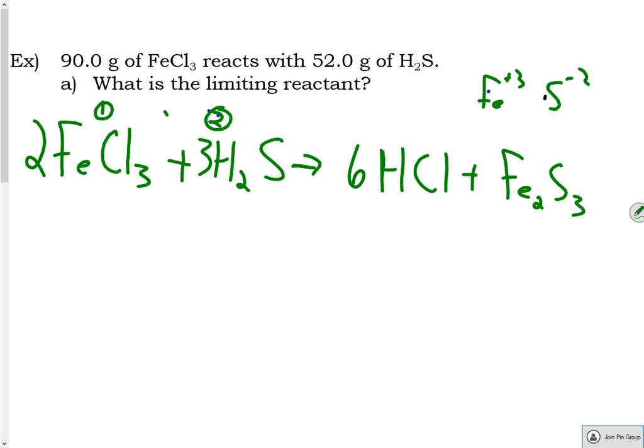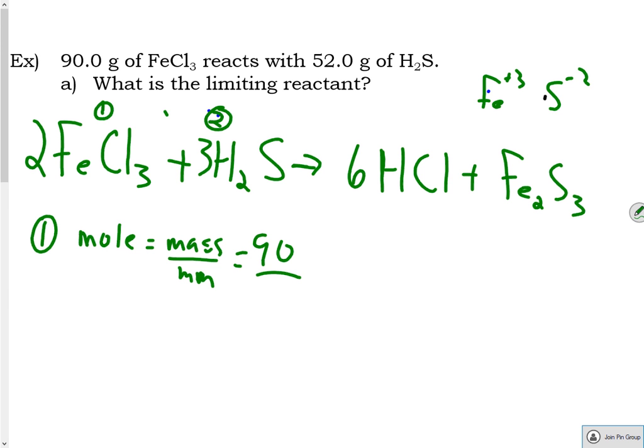Remember, you got to find the moles for each. So I know for number 1, moles equals mass over molar mass. So mass is 90. Your molar mass you get from the periodic table, right? So you figure that out. So 3 chlorines, that's 35.5 times 3 plus an iron, 55.8.